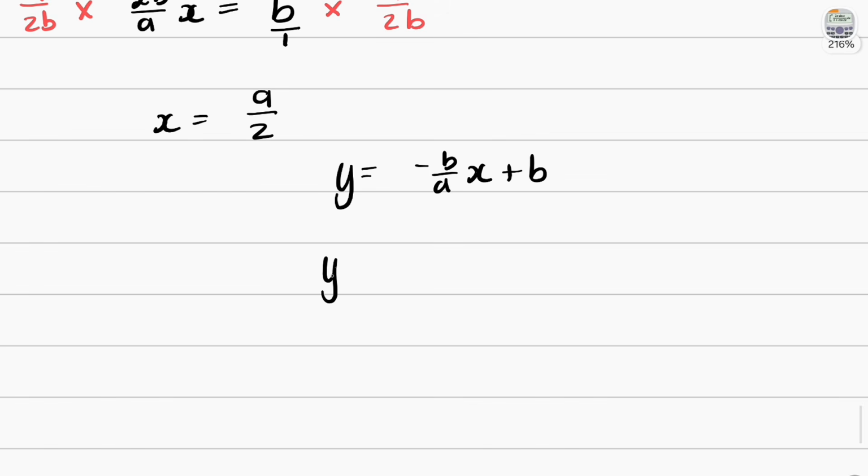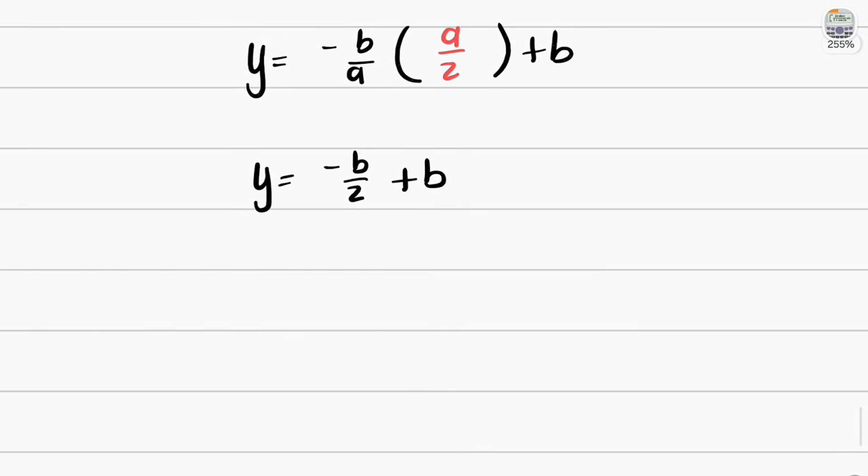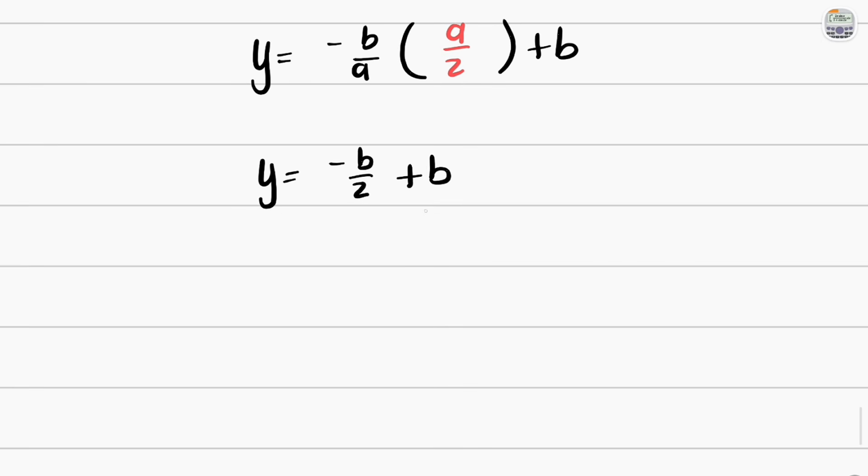So the corresponding y value is equal to negative b over a, and in place of x, we're saying a over 2, plus b. So y is equal to, here the a's cancel, and you have negative b over 2 plus b. Now they're actually in terms of the same thing, because this is negative b over 2.